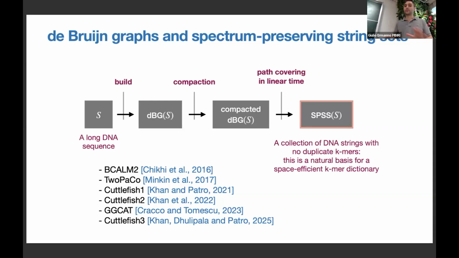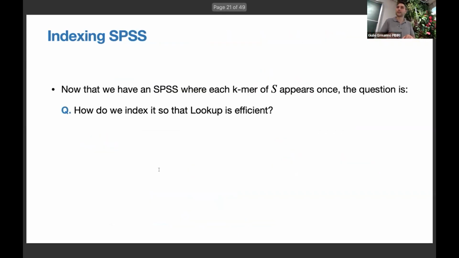So I'm going to assume from now on that the input for our problem is this spectrum preserving string set. Okay, so a collection of strings with k-mers, very, very much glued all together so that we have reduced a lot of redundancy. So now that we have our input SPSS, the question still remains, right? How do we now index this collection of strings so that lookup is efficient?